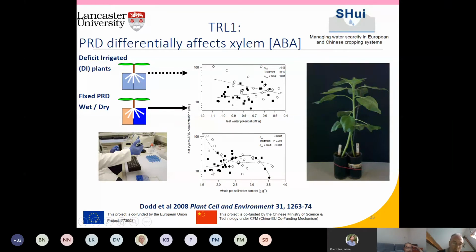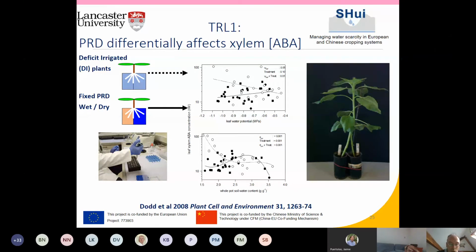And it's this last point I want to concentrate on, that initially as the soil dried in part of the root system, the ABA concentration seemed to increase, and then later it decreased as the soil in the dry side of the pot got really very dry indeed.